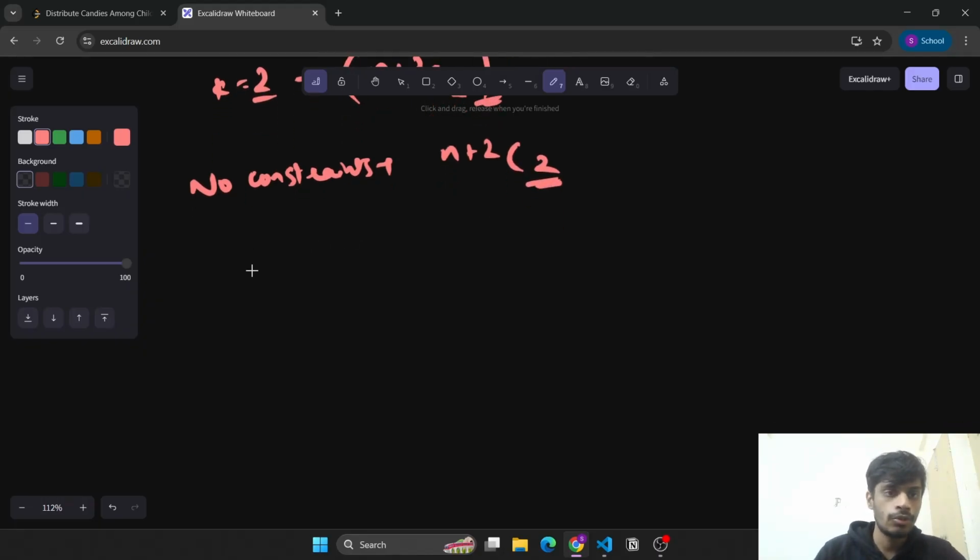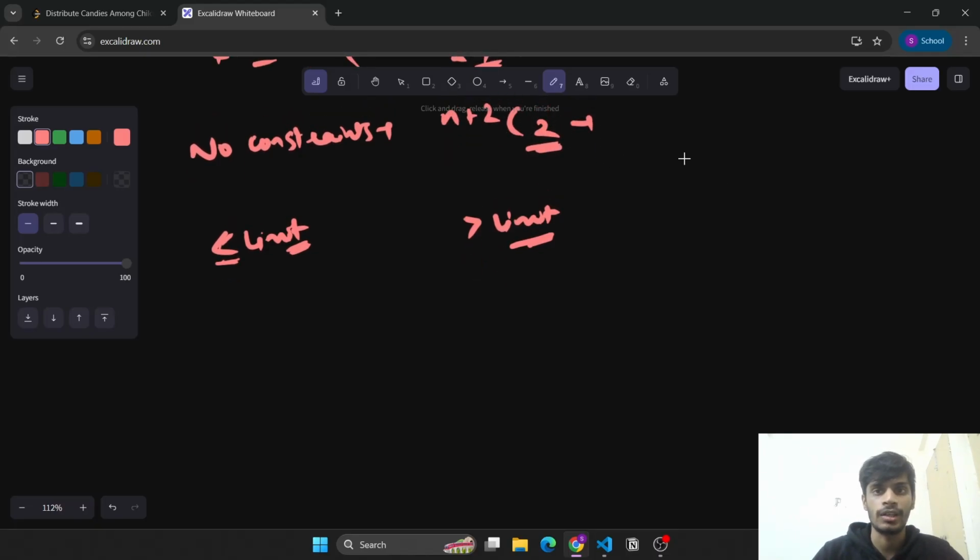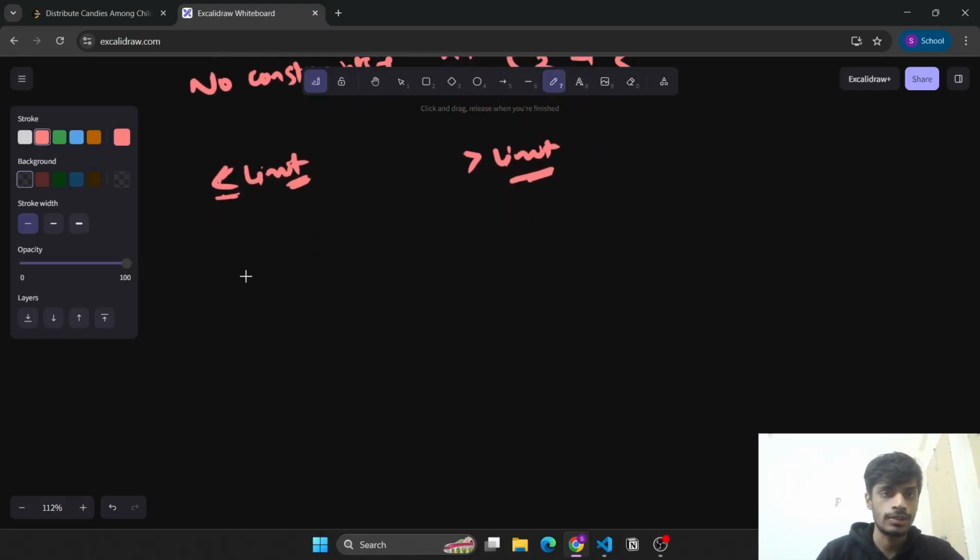Now since we need to apply this constraint of less than or equal to limit, what if instead of finding ways where we satisfy this condition, we subtract those cases which violate the condition, right? So suppose this is the overall set of unrestricted constraints S, so we need to find valid equals total minus invalid.